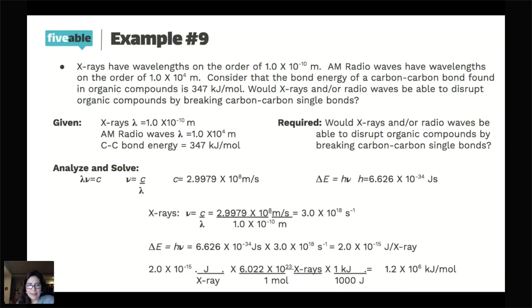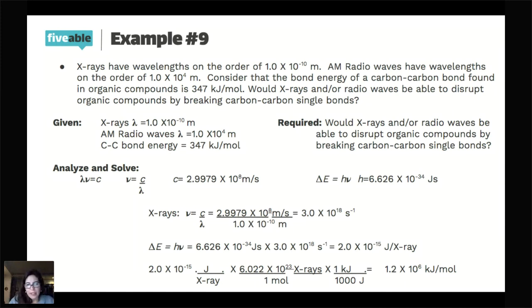Is this last step understood? Okay, excellent. So we're adding the factor of changing X-rays to moles and the factor of changing joules to kilojoules.